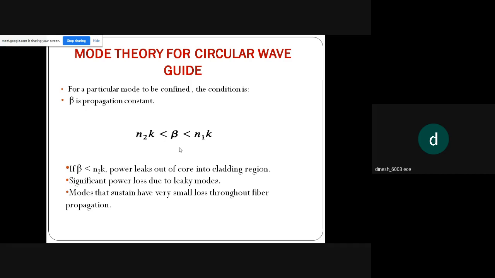So the propagation constant, as you had studied in electromagnetic fields, beta is the propagation constant. This beta should always be in between N2K to N1K. If it is not in between, then the whole fiber will not transmit any optical waves.